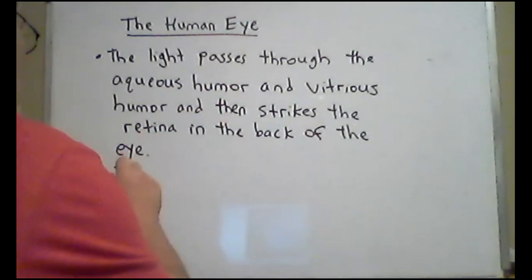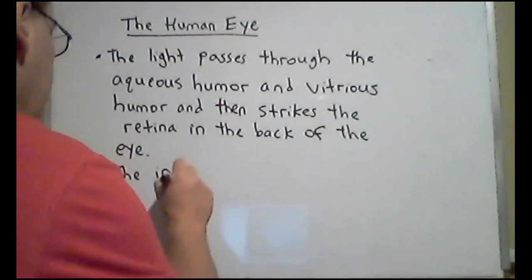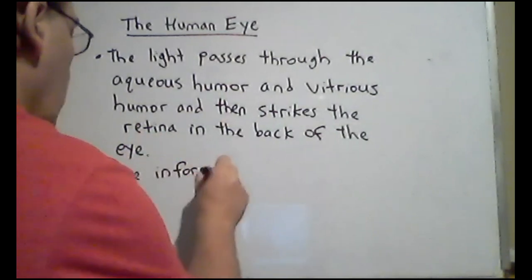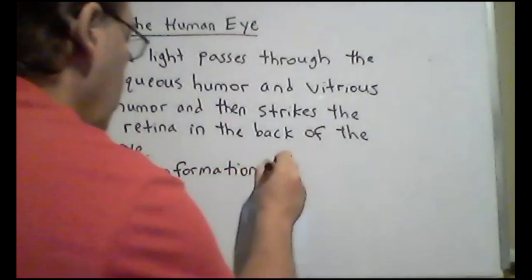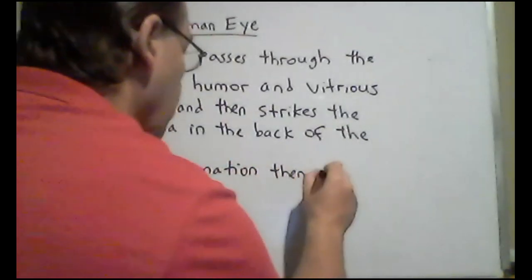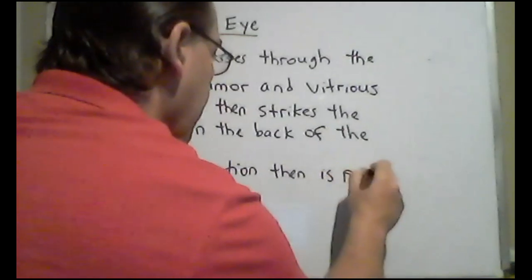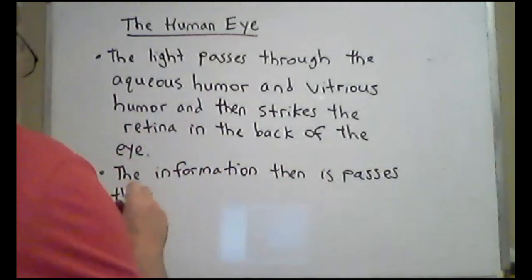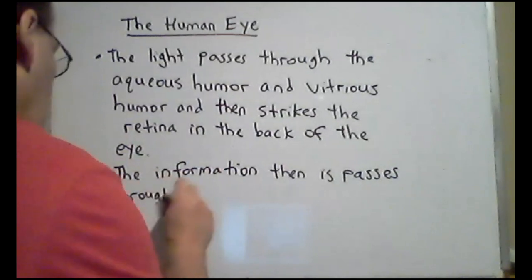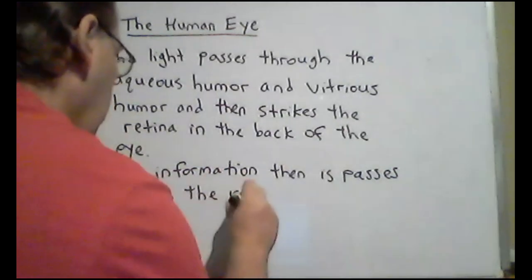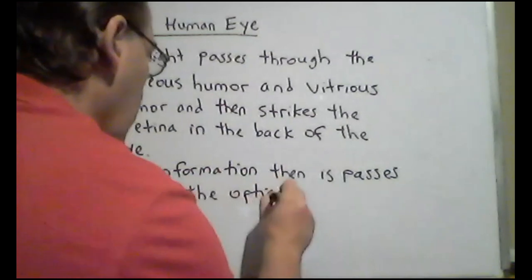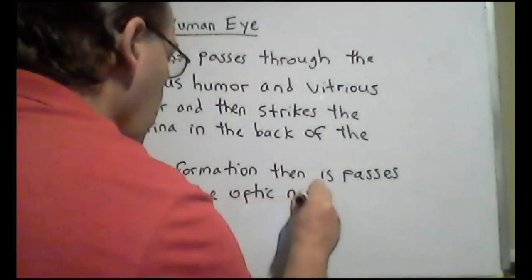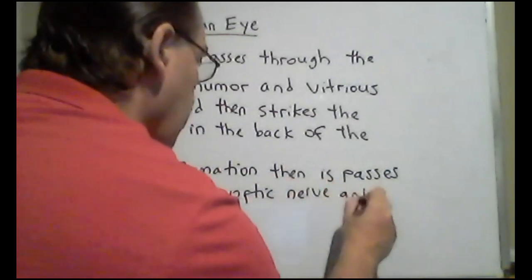The information then is passed through the optic nerve, and processed in the brain.